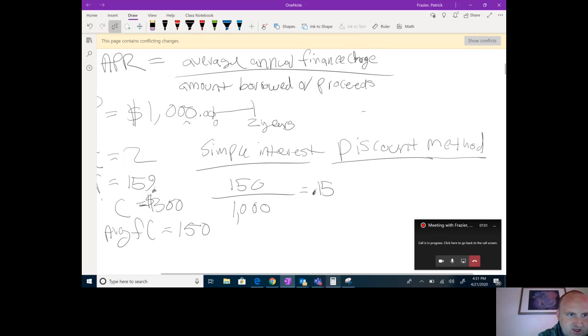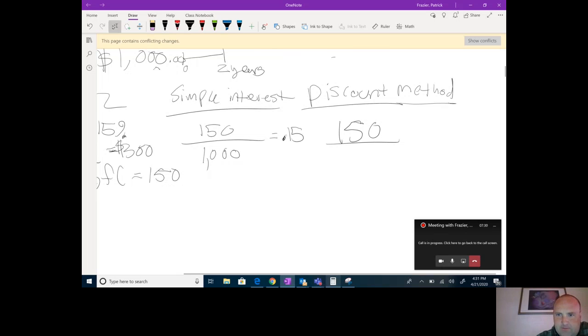That's really the reality after we pay the finance charges of $300, so in a sense, the actual amount we get. Because if I borrow $1,000, but I really pay you $300, well, then really it's $700. So we're taking $150 and we're dividing that by 700.